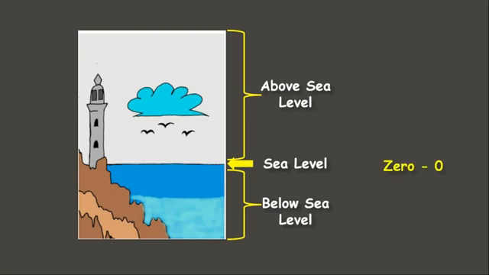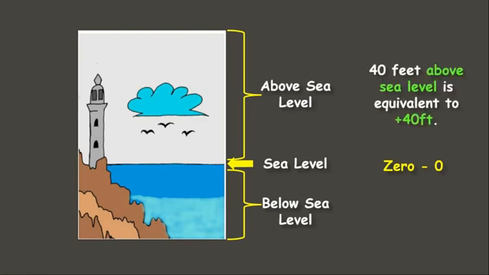If we say 40 feet above sea level, that means it is equivalent to positive 40 feet. While if we say 40 feet below sea level, it means it is equivalent to negative 40.